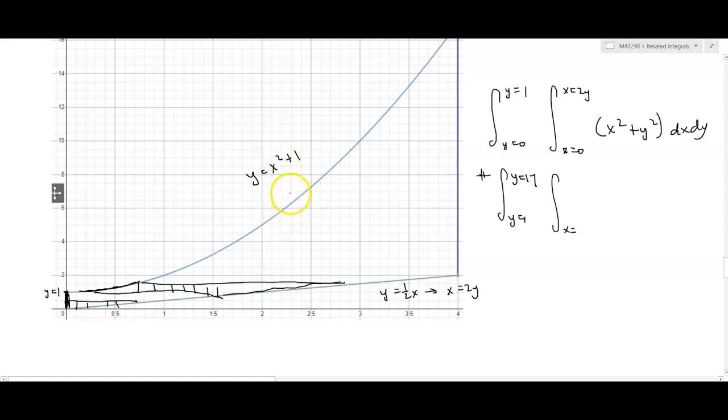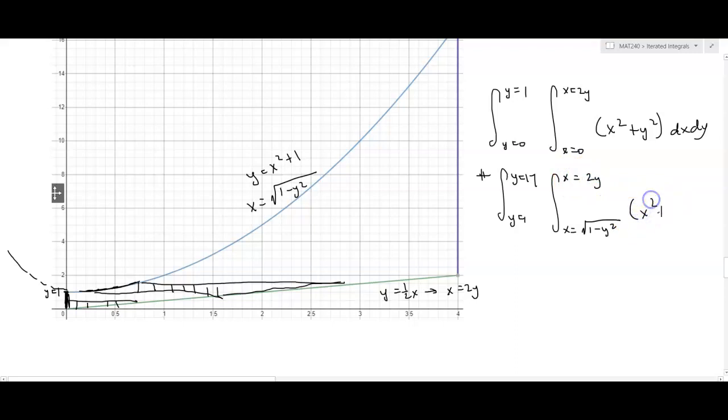That means the value of x that we'll start at will be x equals the square root of y minus 1, and it would only be the positive one. The negative x's occur over here on the left-hand side of the y-axis. So we want to go from x equals the square root of y minus 1 until we hit x equals the line 2y.